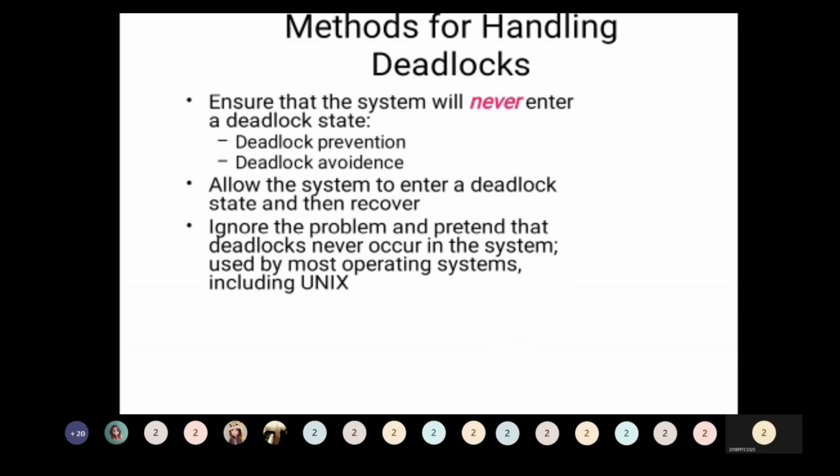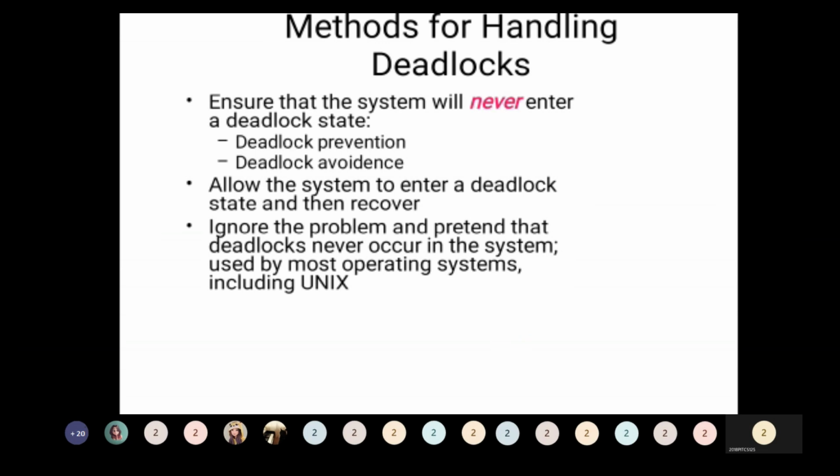Second, allow the system to enter a deadlock state and then recover. In the first case, we are ensuring no deadlock will occur, by taking two steps: deadlock prevention and deadlock avoidance. Prevention is like vaccination, avoidance is like following the COVID rules for safety.